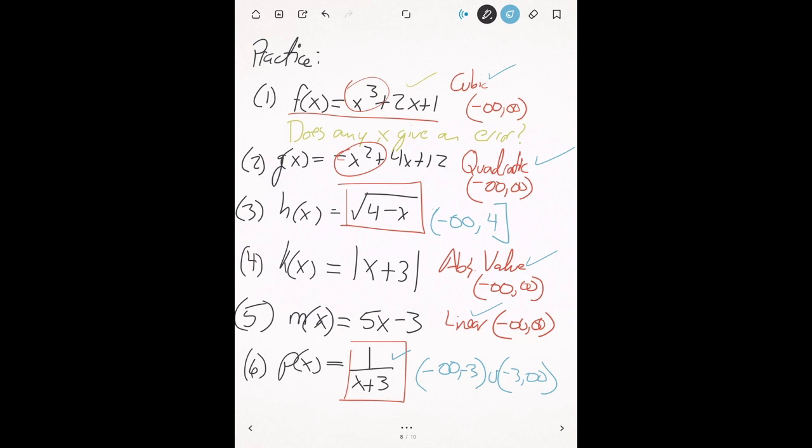You can plug in whatever you want. It's when you have the square roots or the reciprocals that you have to start being very careful about what your domain is going to be. You have two techniques for this. Hopefully it's making sense, and you can give it a try, okay?